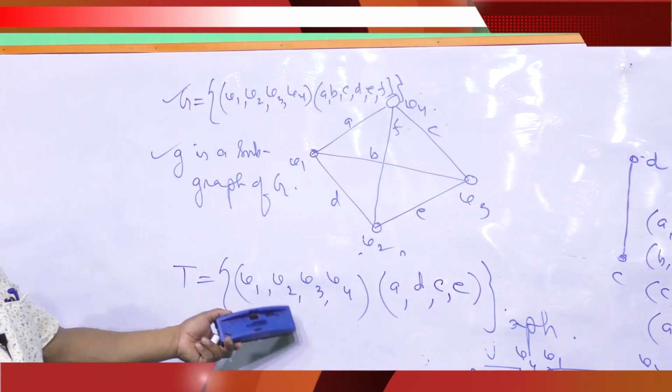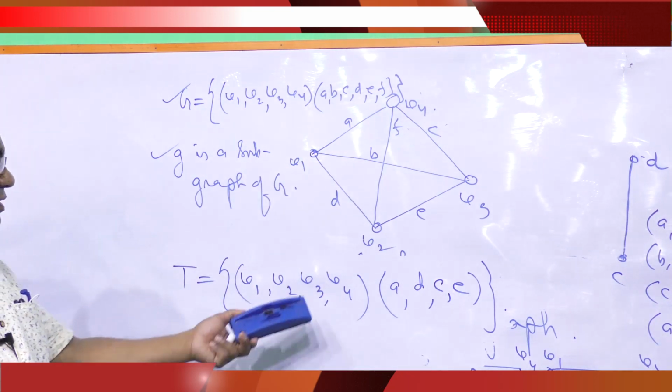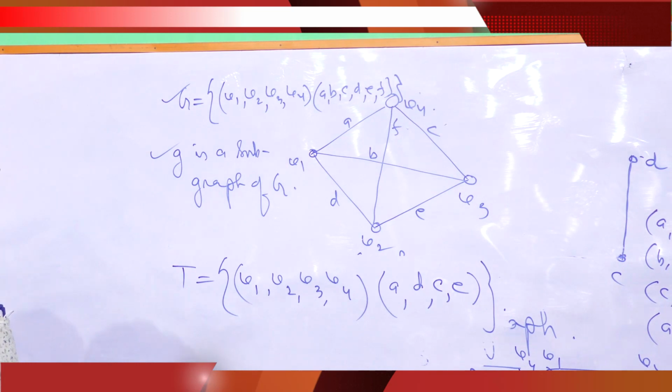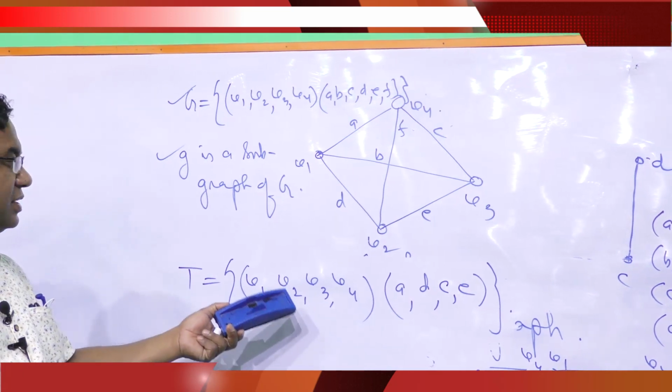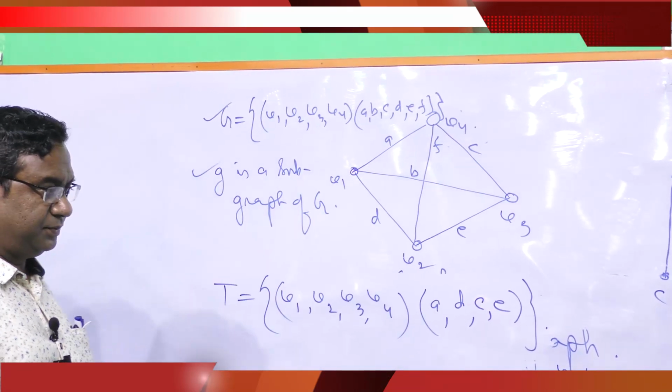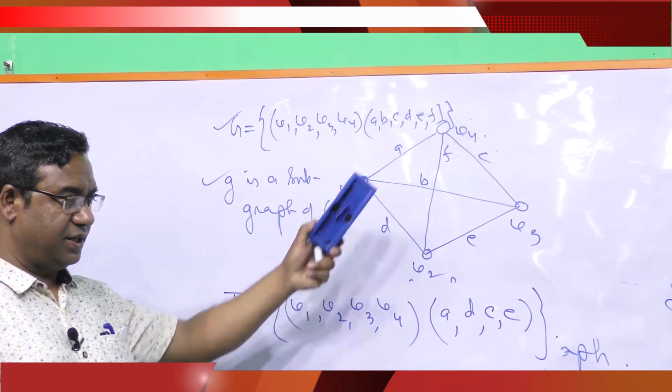So this is a subgraph of this, and this subgraph is called a spanning tree. Spanning tree means the subgraph must contain all the vertices of the given graph G.